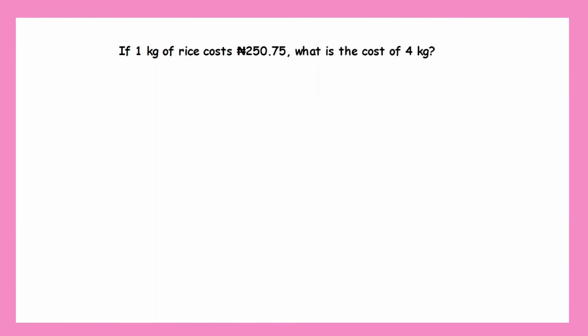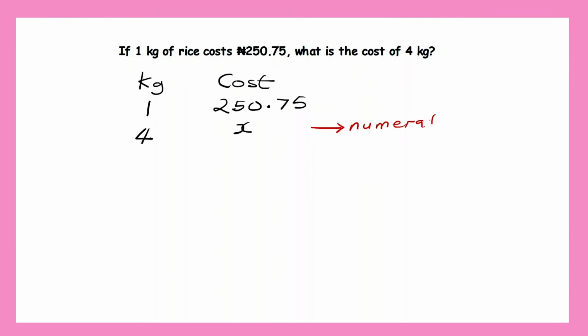This is an example of direct proportion. We have kilogram here and we have a cost here. 1 kilogram over here and the cost is 250.75. Then 4 kilograms over here, we don't know this cost, and let's say the cost is X. So I'm going to be using this as my numerator, and I will use this as my denominator.